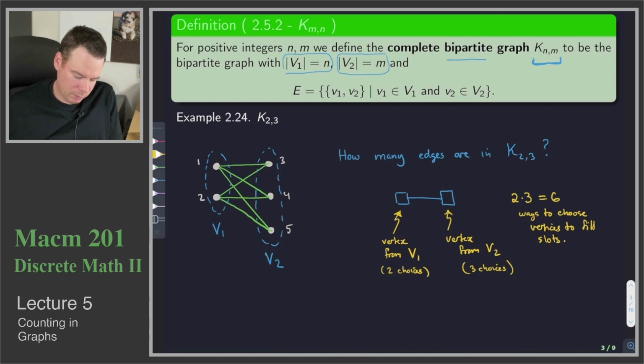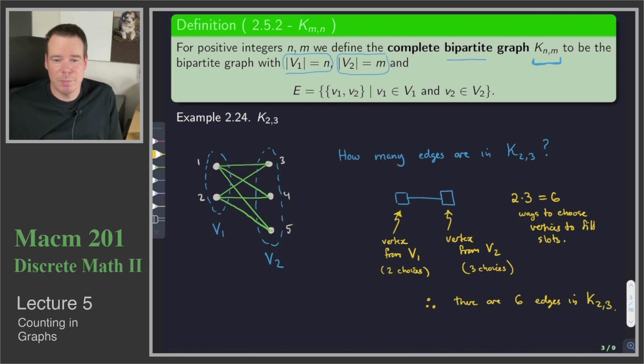And so what that means is, therefore, there are 6 edges in K2,3. So this is an example of the kind of counting we are going to be doing in this section. Let's have a look at the next collection of problems.